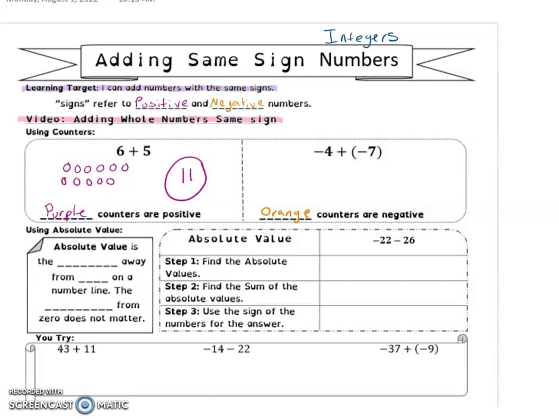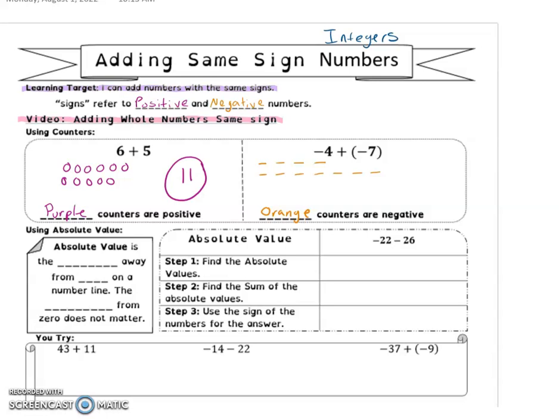So here is my little trick that I personally like to do. If I'm using negatives, I just like to use minus signs. So I'm going to use 4 minus signs. And then I'm going to use 7 more minus signs. Now if I add these 2 lines of minus signs together, how many minus signs do I have altogether?